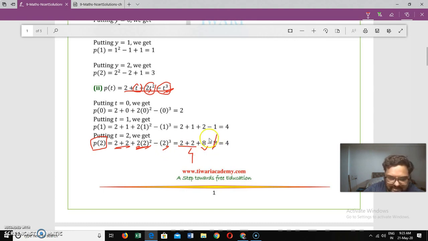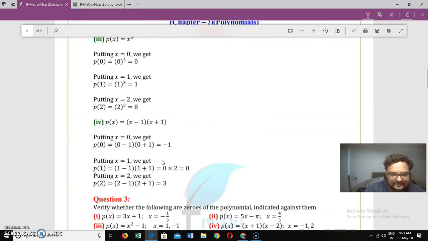So plus 8 minus 8 will be eliminated and the answer will be only 4. This is the value of the given polynomial at the given values p of 0, p of 1 and p of 2. We have only done p of 2. Similarly, find the value of the given polynomial at p of 0 and p of 1, that you can do as practice.